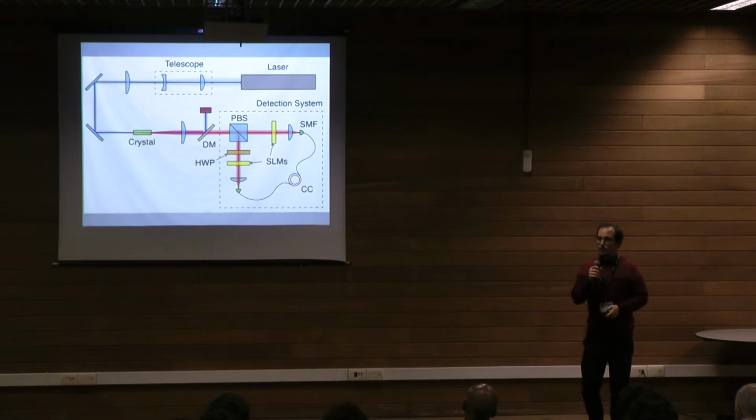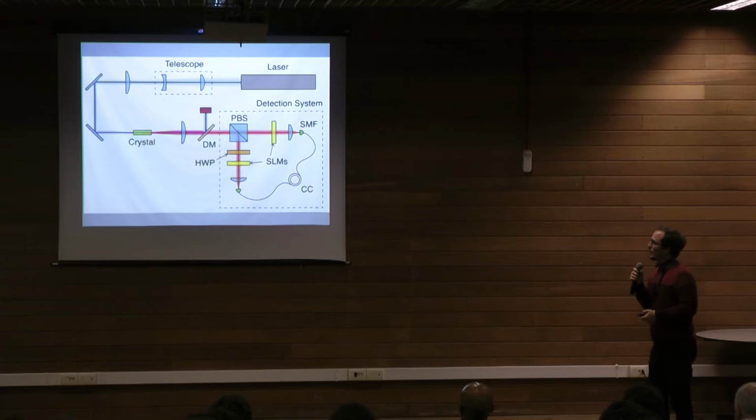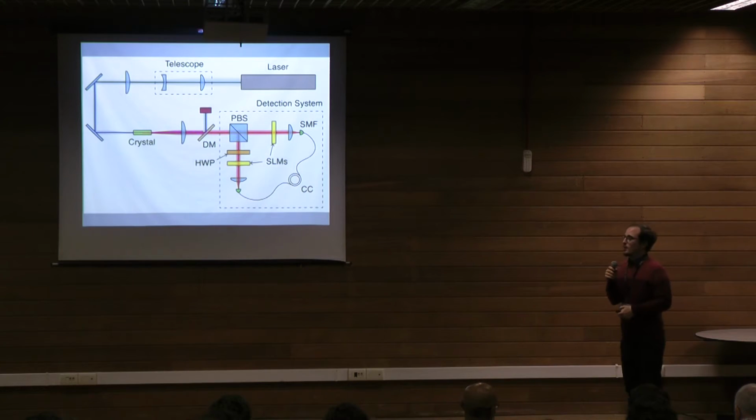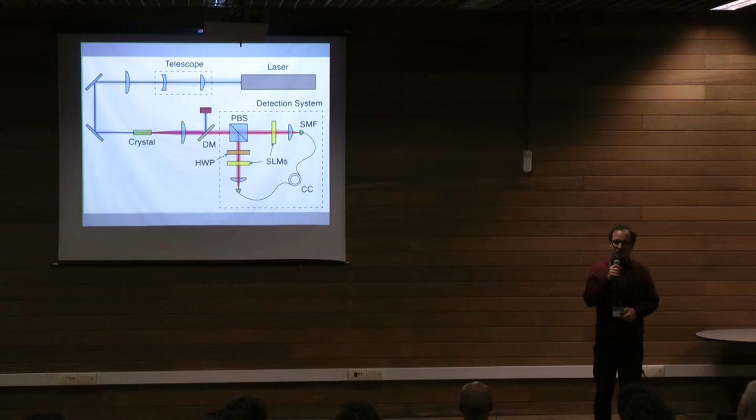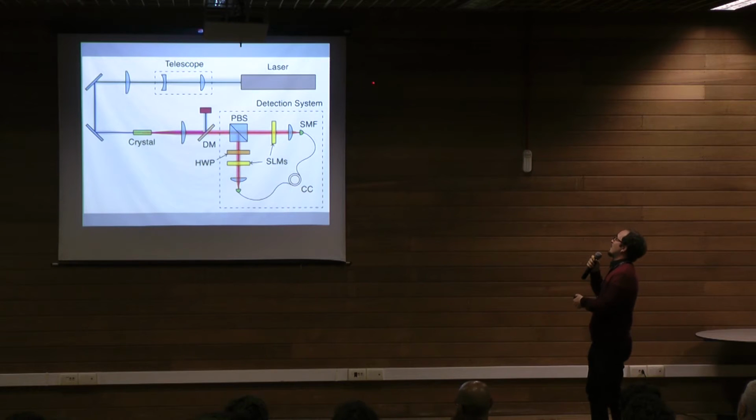I'm not an experimentalist, so you might not be very happy about this explanation, but I'll try my best, okay? So I'm told that this is a fairly typical orbital angular momentum setup, right? What happens here is that you have a laser that emits blue photons.